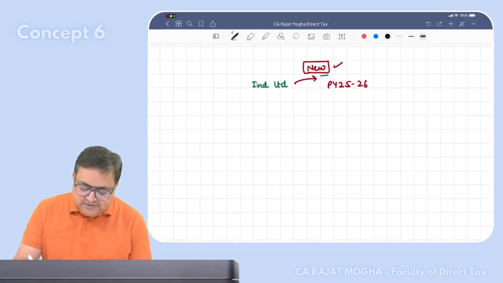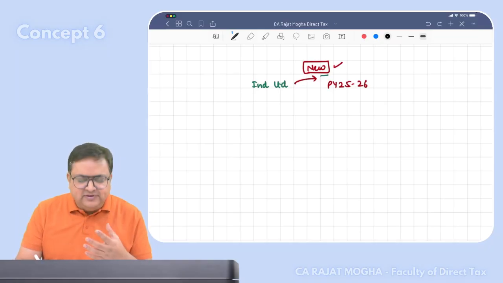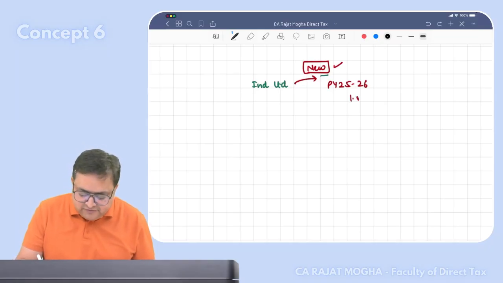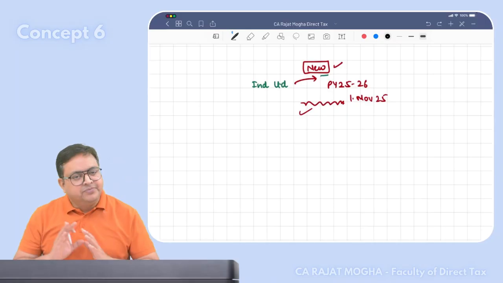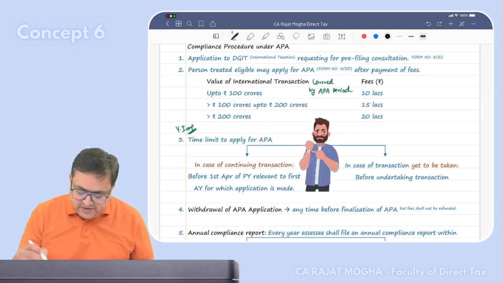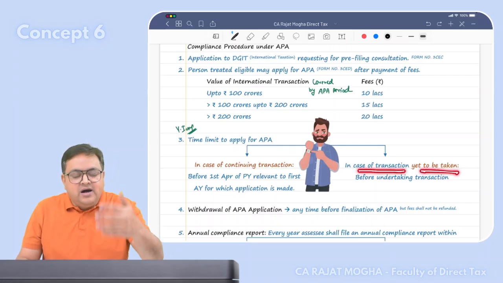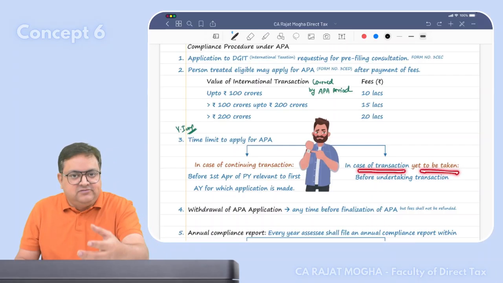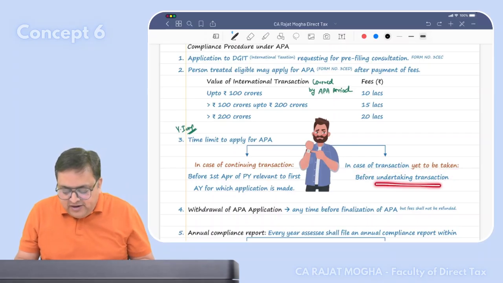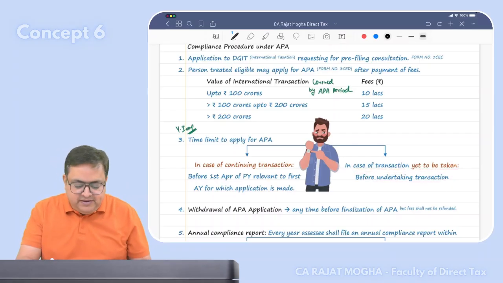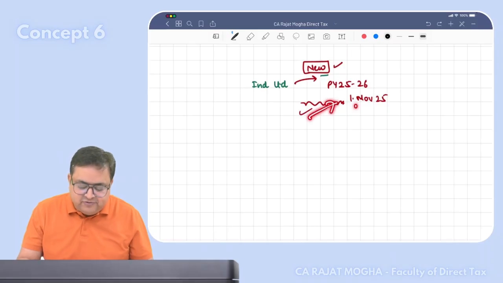Let's say you are proposing to enter into a transaction from 1st of November 25. So guys, before 1st November 25, you can apply for the APA. Understood? It's written over here: in case of a transaction which is yet to be taken, before undertaking the transaction, please apply for the APA.